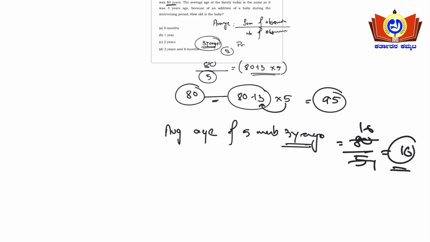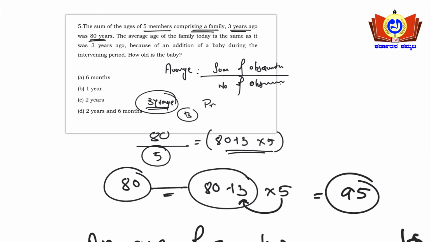Yes or no? See here, friends, when you read the question, the average age of the family today is the same as that was 3 years ago, because of an addition of a baby during the intervening period. How old is the baby? So we need to find that.